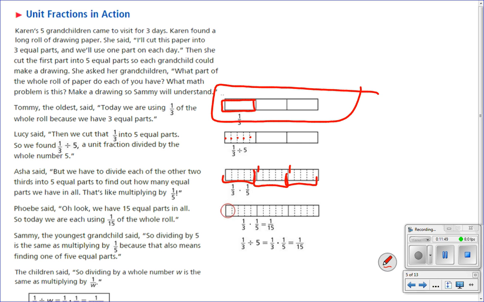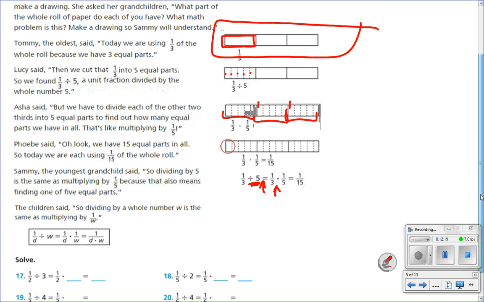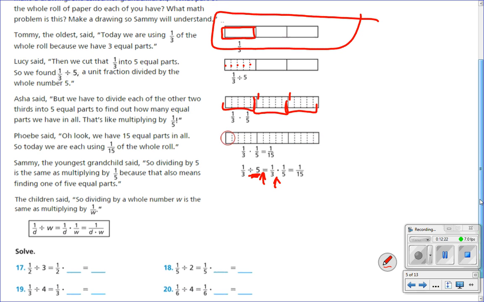Let me say that again to make sure you understand. Sammy, the youngest grandchild, said, so dividing by 5 is the same as multiplying by 1/5, because that also means finding 1 of 5 equal parts. The children said, so dividing by a whole number W is the same as multiplying by 1/W.